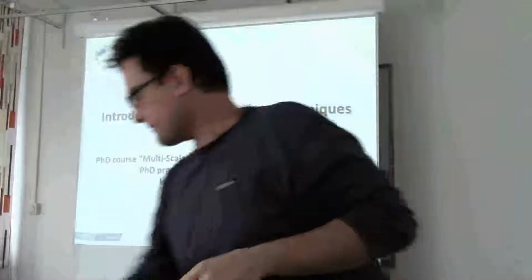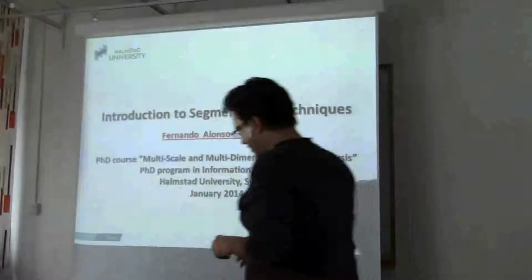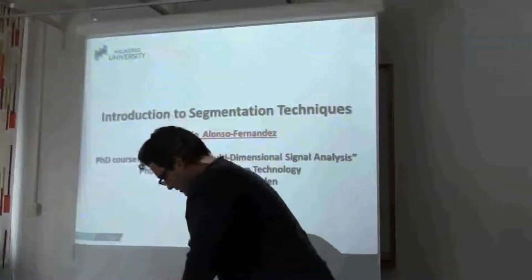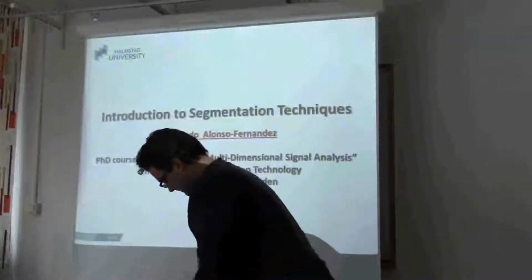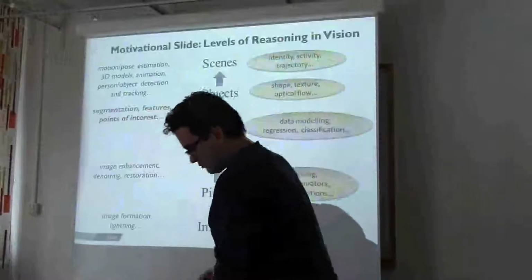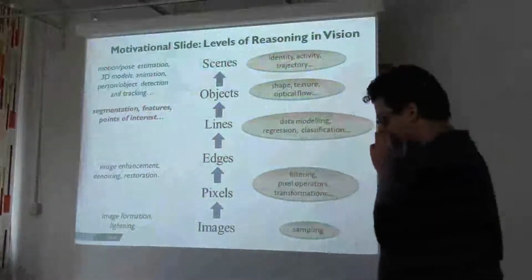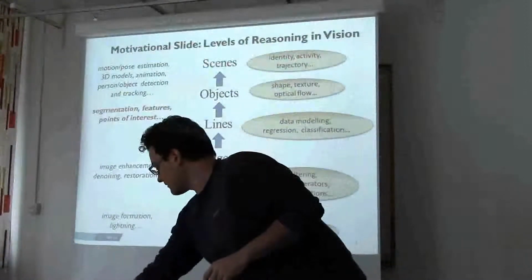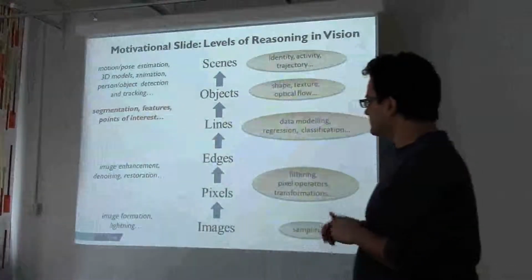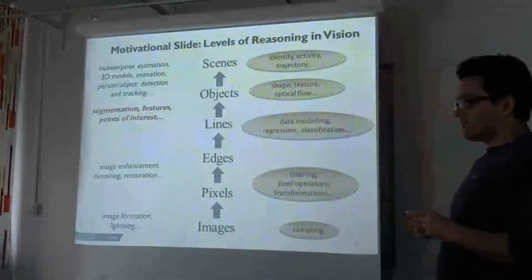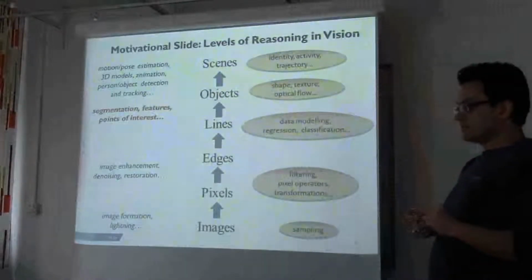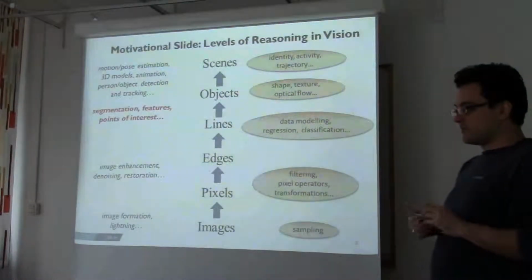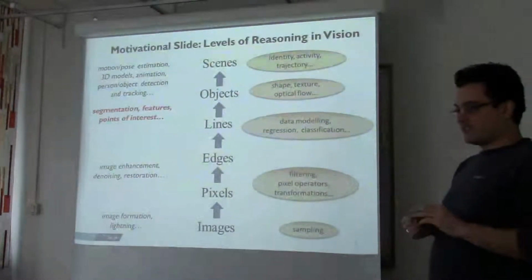Okay. So the first part of the class is about segmentation techniques. It will be a short part in comparison with the second part of feature detection. Have you heard before about segmentation techniques in images? Yes, some of them.